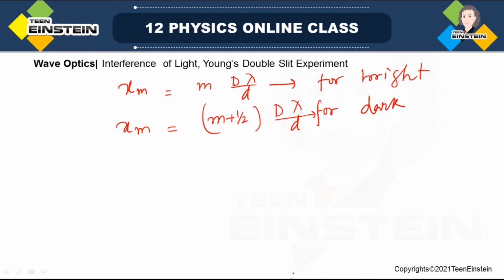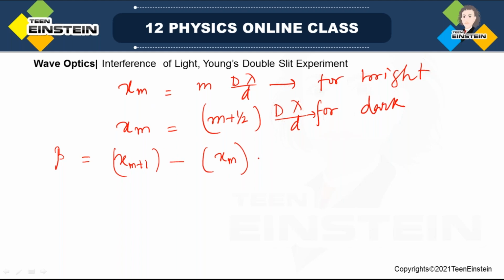Now look, if we want to find the fringe width beta, our expression has to be like what we are trying to find here. We are trying to find beta. Beta means the separation between consecutive bright or consecutive dark fringes.